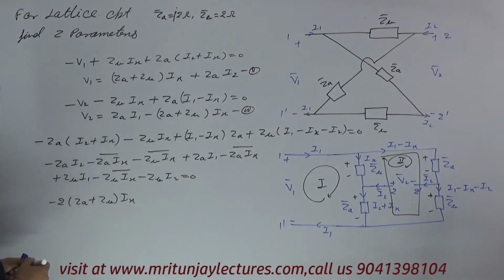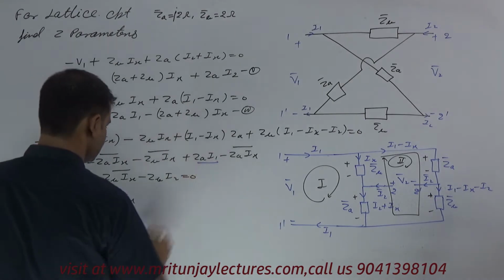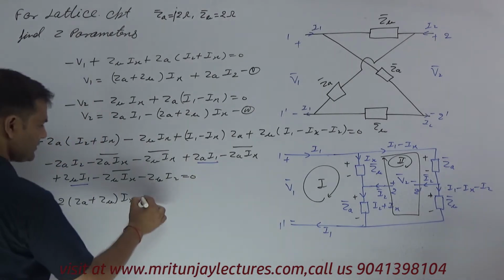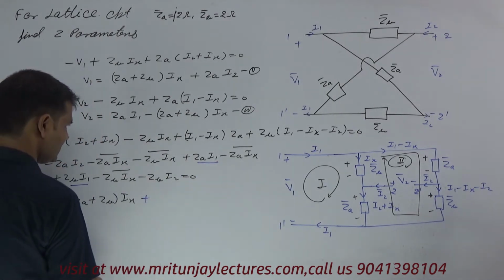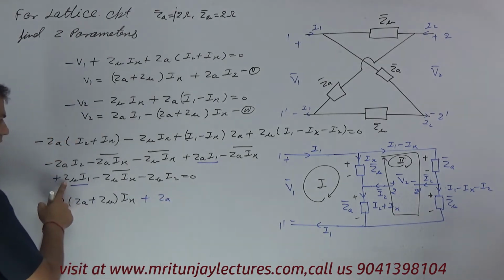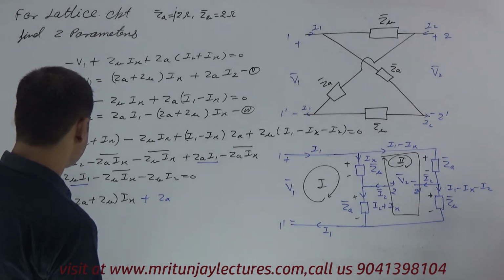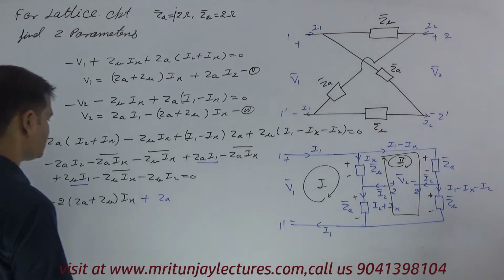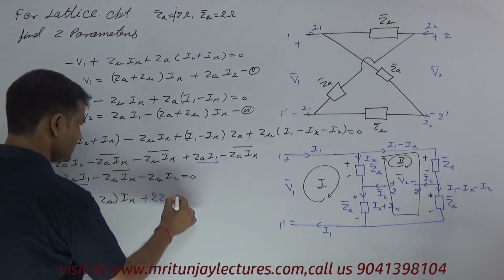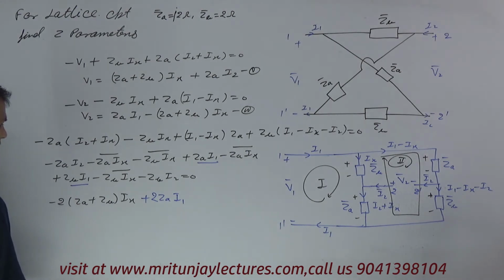After that, what about I1? I1 here, I1 here. So plus 2 times ZA into I1.